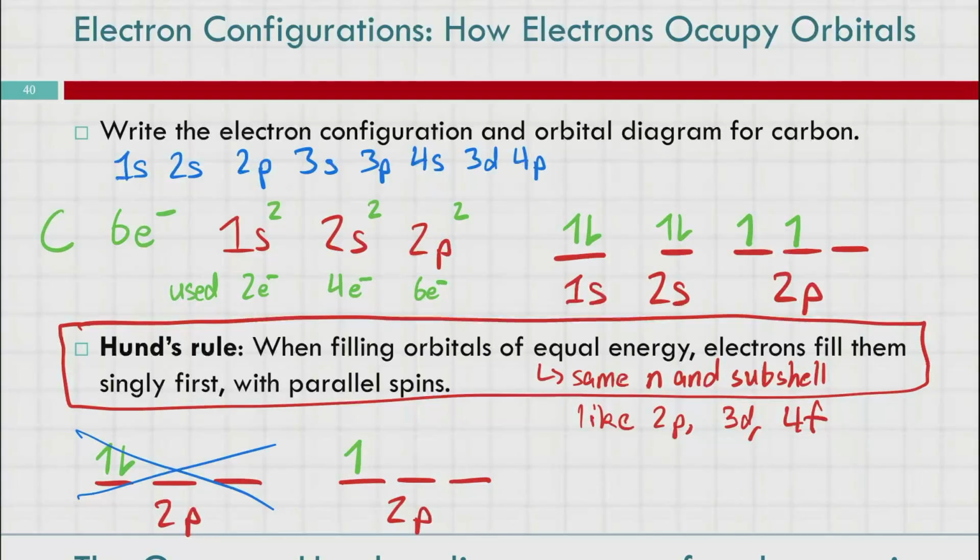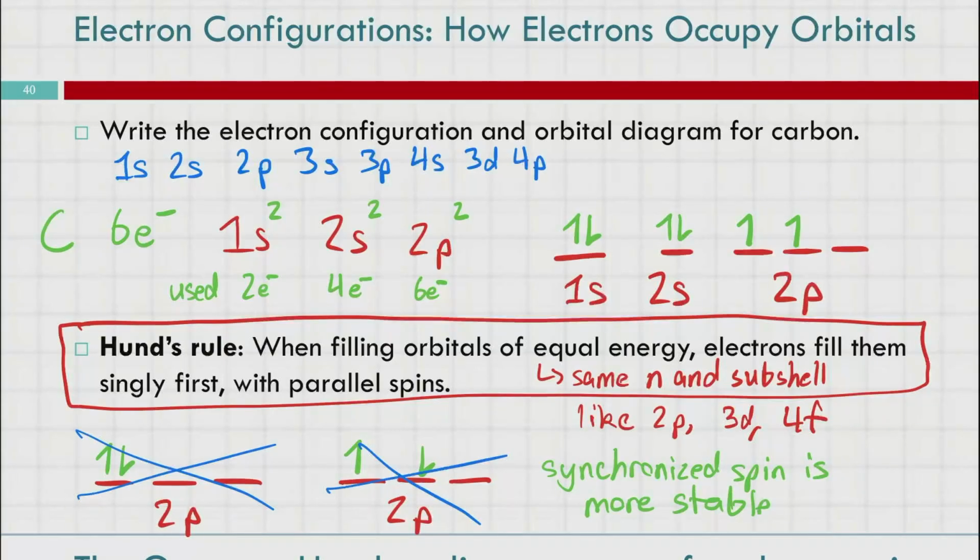And the other thing that we don't want to do is put them in separate boxes or separate orbitals with opposite spin. There's some energy that comes along with being in sync, being aligned, being parallel spin. And so they're going to want to sync up their spin. Synchronized spin is more stable, in case you're wondering why they don't go opposite spin.